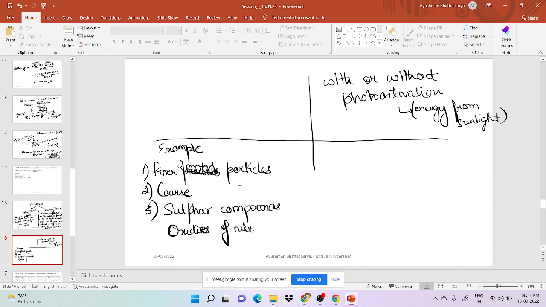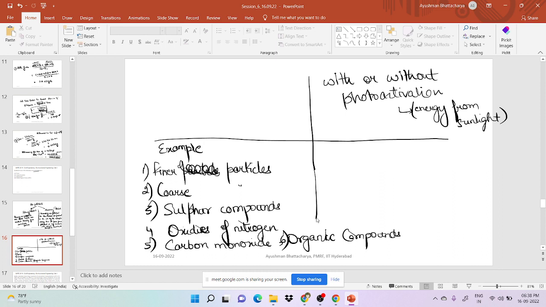Fifth is carbon monoxide. Sixth is organic compounds. So all these are examples of primary pollutants.